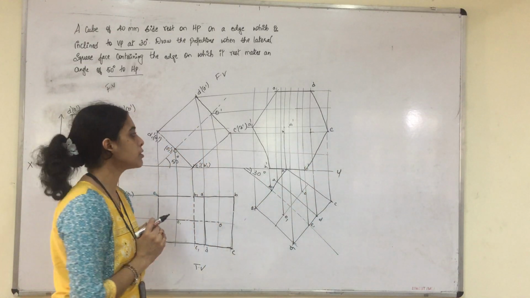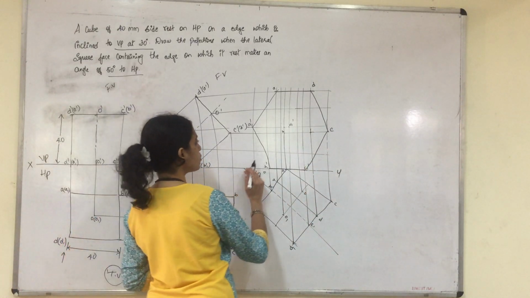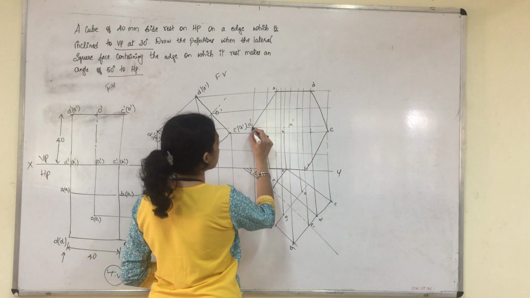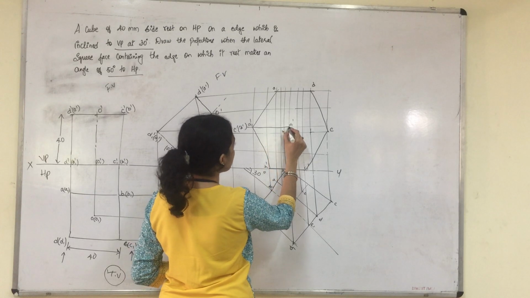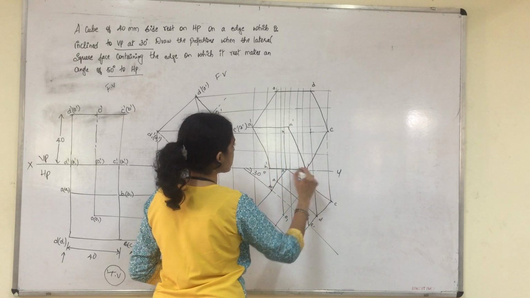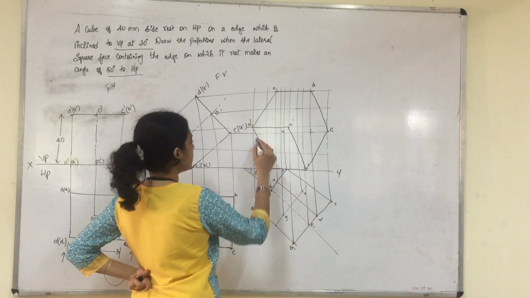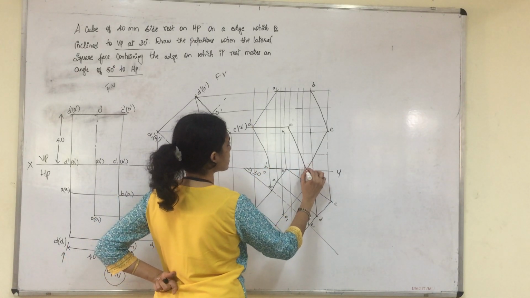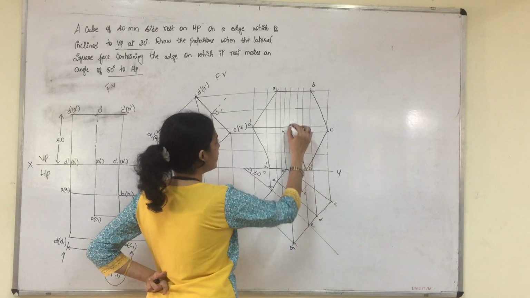So after that you have to see that when the observer views from here, the bottom surface will be visible. So kindly join the bottom surface: A1 dash to D1 dash, D1 dash to C1 dash. So A1 dash, B1 dash, C1 dash, write it outside if it is not visible, and D1 dash.